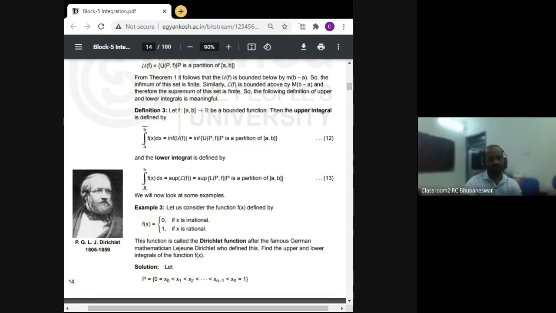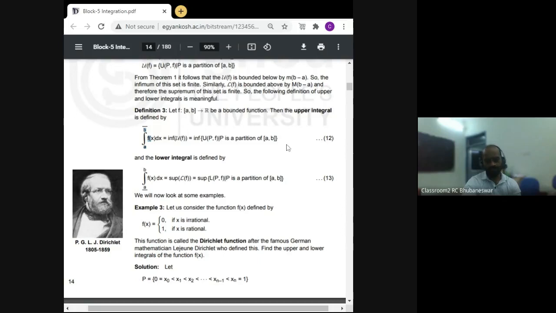It is denoted by this integral symbol with lower limit small a and upper limit b, but with an extra symbol, a bar, on the upper limit of the integration. This is the representation of the upper integral of a function on the interval AB, and it is the infimum of the upper Darboux sum with respect to the partition P.